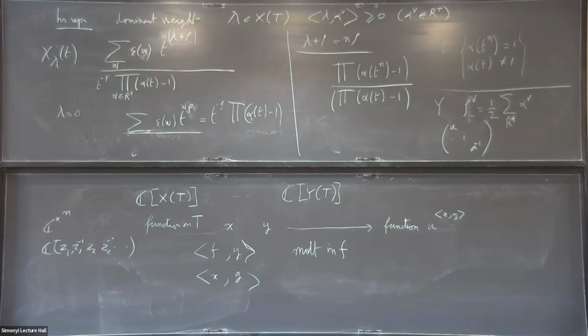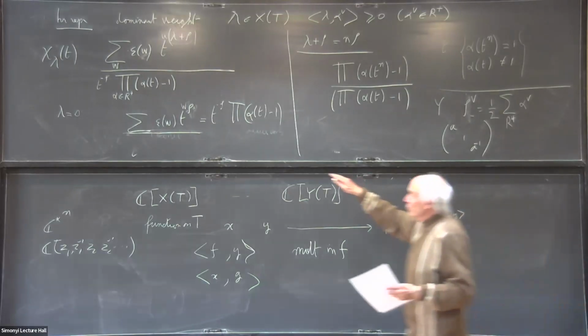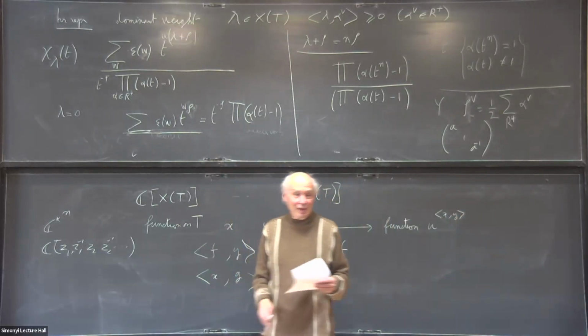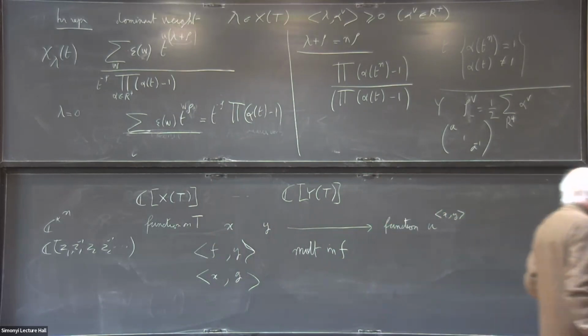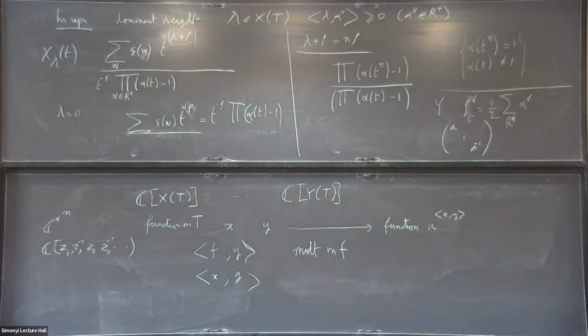And now I have a product formula for this in the same way that I had this product formula on this side. And what it will give me is a product. So the result is also a product.